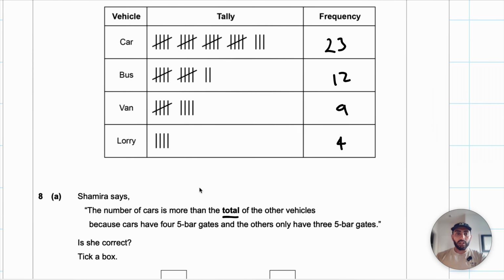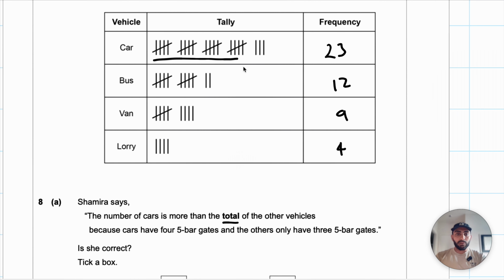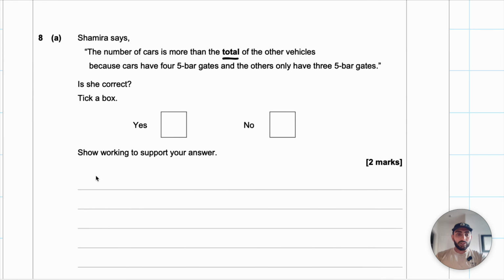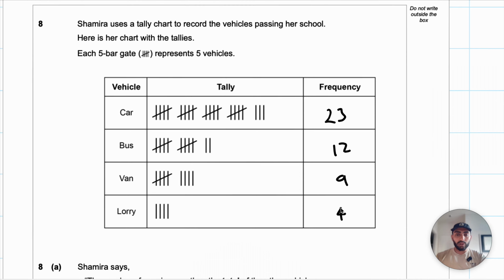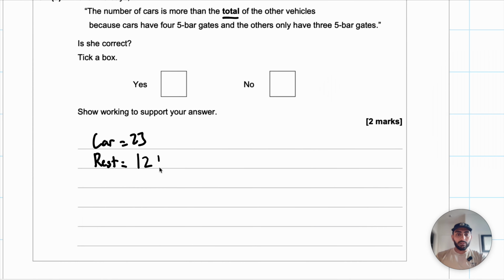Is she correct? So let's just look. She's thought because there's 4 5-bar gates there and there's only 3 5-bar gates for the rest of them, she's thinking that there's more cars than there are the rest of them. So we know that the total of the cars is 23. So cars is equal to 23 and the rest is going to be equal to, we just need to add these up. So 12 and 9 and 4. 12, add 9, add 4. 12 and 9 is 21, add 4 is 25.